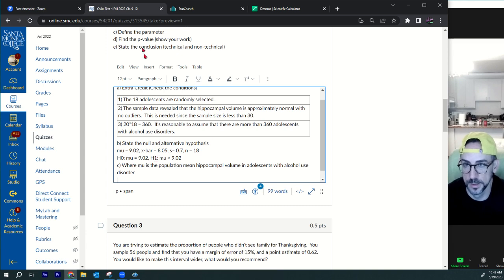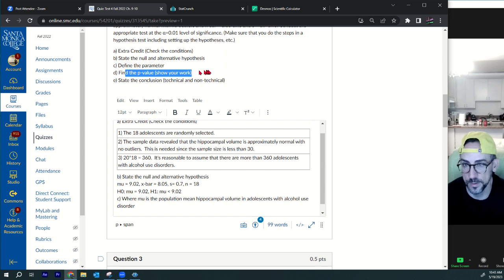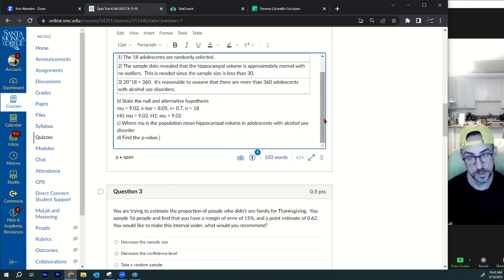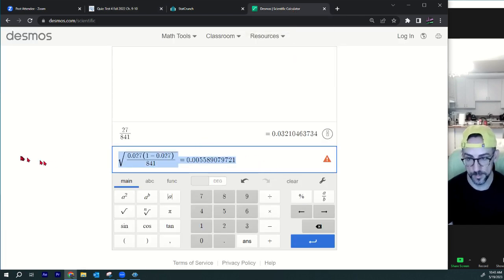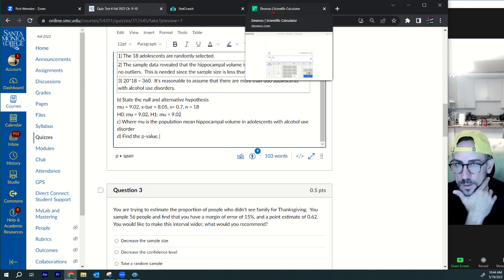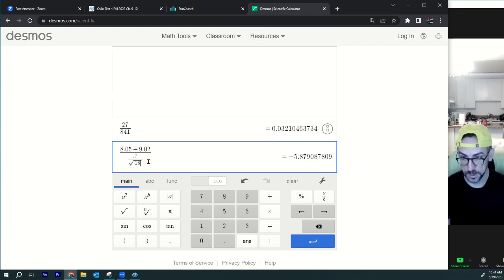All right. D. Wait, hold on. That was C. So find the p-value. For this one, we have t sub 0, right? Which is 8.05 minus 9.02, over 0.7 divided by the square root of 18.